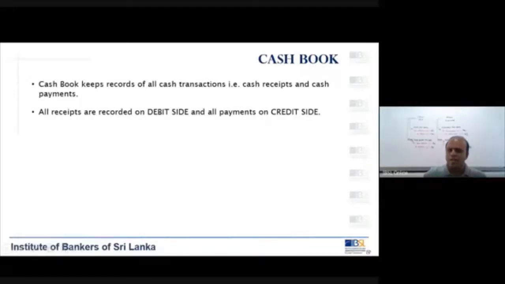All assets by nature you will debit, and all payments will be recorded on the credit side. So what does it mean? Debiting means you are receiving cash, and crediting the cash book means you are making a payment. So debit will relate to your cash inflow, and credit would relate to the cash outflow.